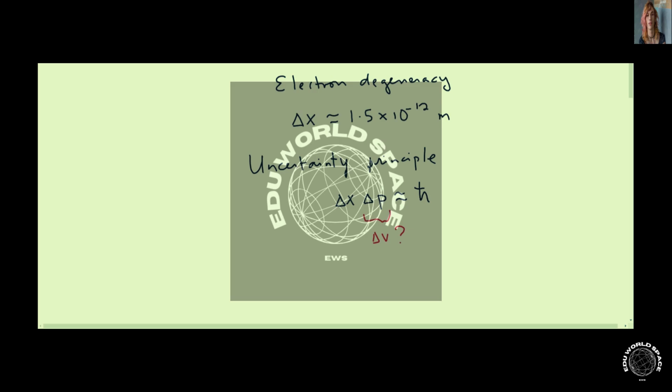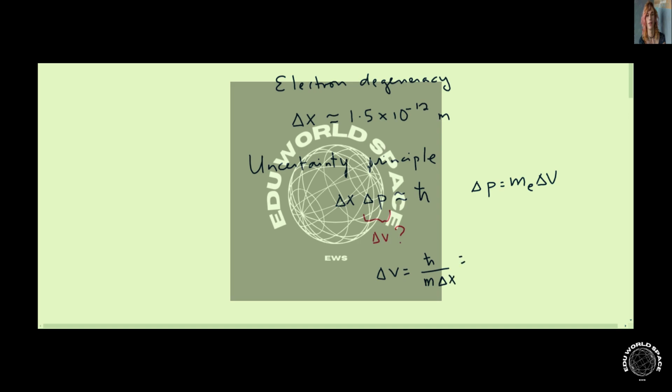Okay, so that's not too hard to do. The uncertainty in the momentum is simply equal to the mass of the electron times its uncertainty in speed. So working that out, delta v is h bar over mass times uncertainty in position.